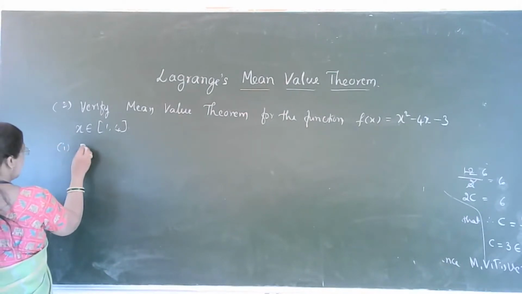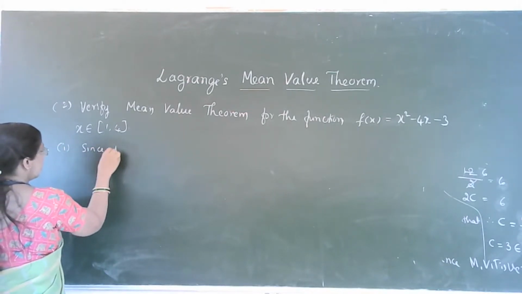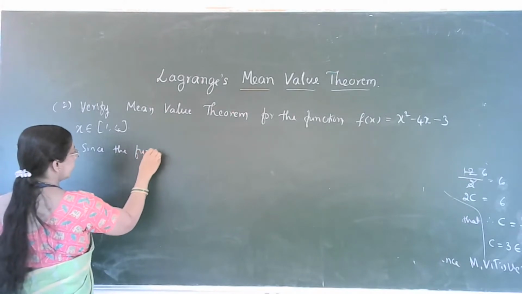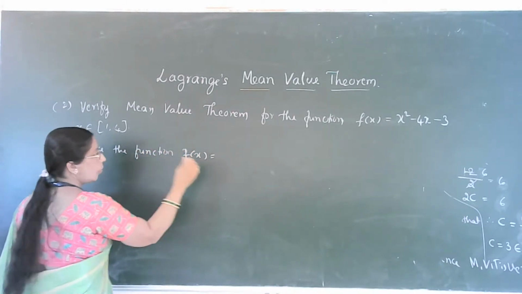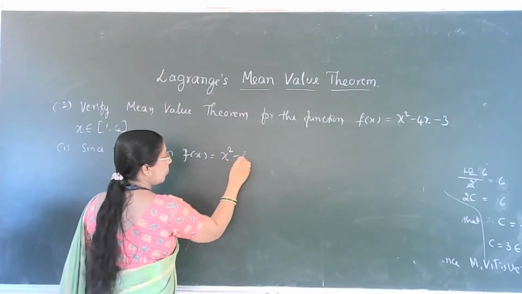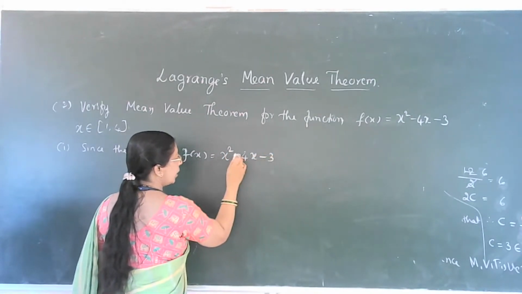First, see the function f of x, which is equal to x square minus 4x minus 3.